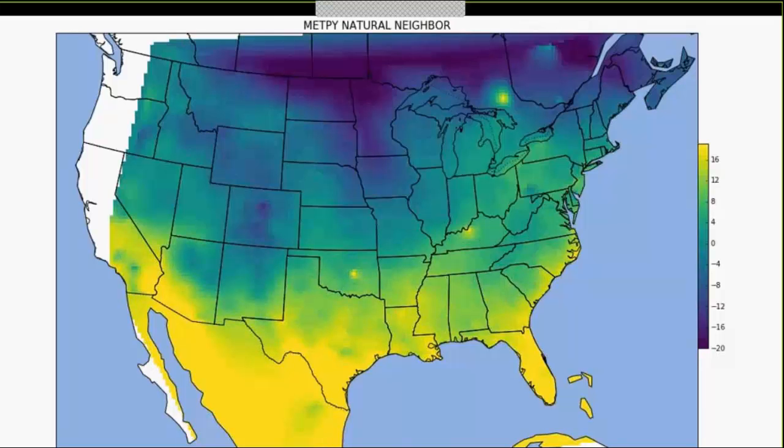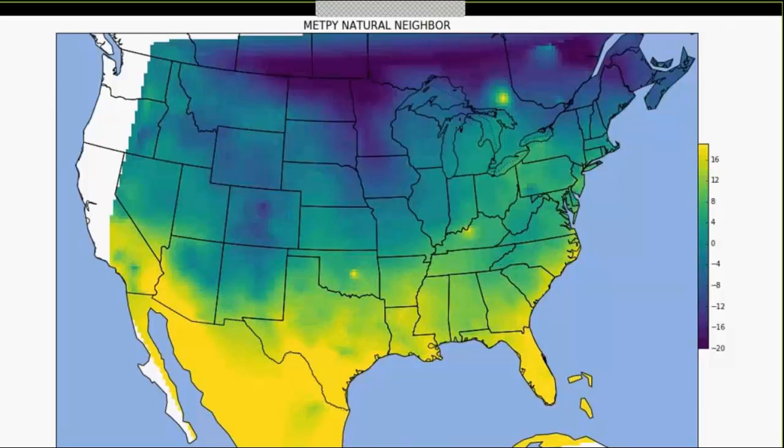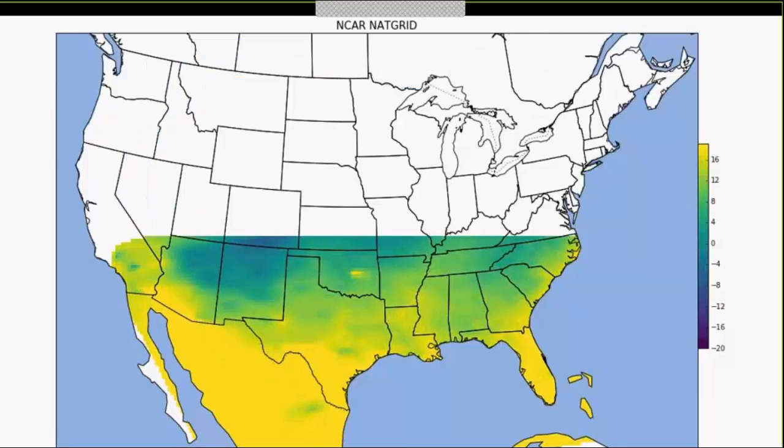And then we saw something kind of odd in the existing natural neighbor. So in this case, what I did was say, give me all of the observations below this line, maybe the Mason-Dixon line, I don't know.